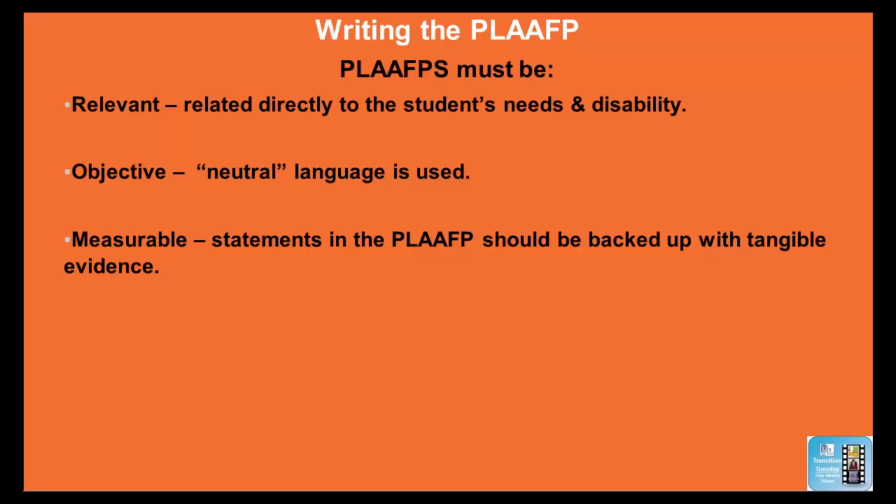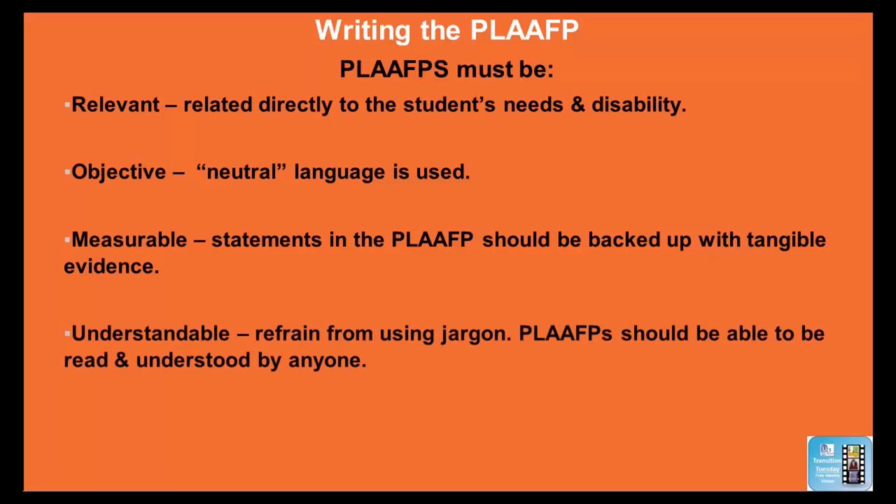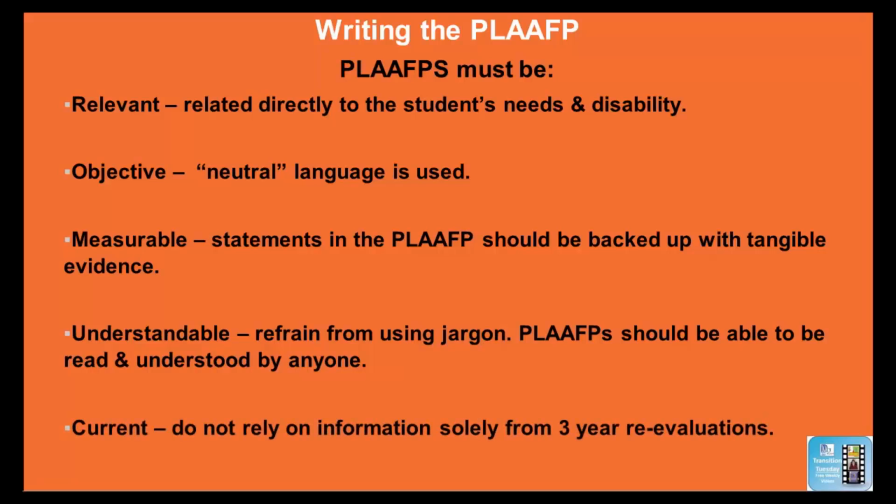The present level needs to be understandable, so refrain from using jargon. It should be easy for anyone to read and understand. And the information needs to be current, so do not rely on information solely from 3-year reevaluations, especially if this is not the student's reevaluation year.